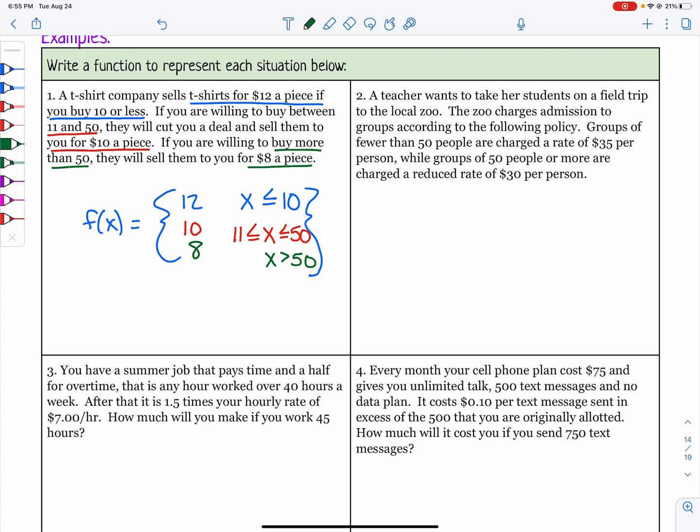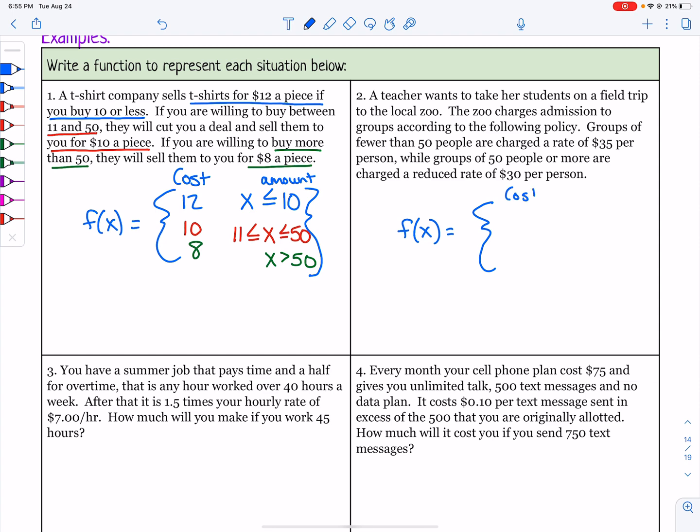All right, so let's try one more of those. Number 2 says a teacher wants to take her students on a field trip to the local zoo. The zoo charges admission to groups according to the following policy. Groups of fewer than 50 people are charged a rate of $35 a person. So typically we have cost and then like amount of the item is over there on the other side. So notice this one is similar.